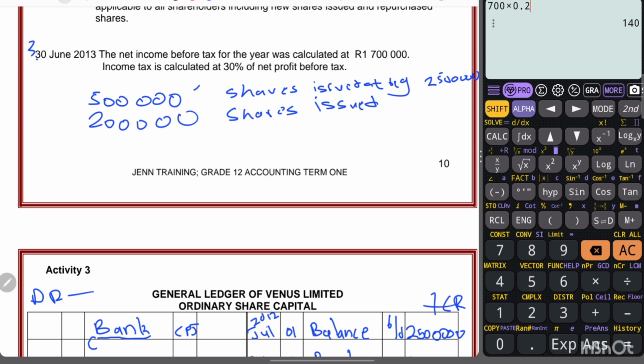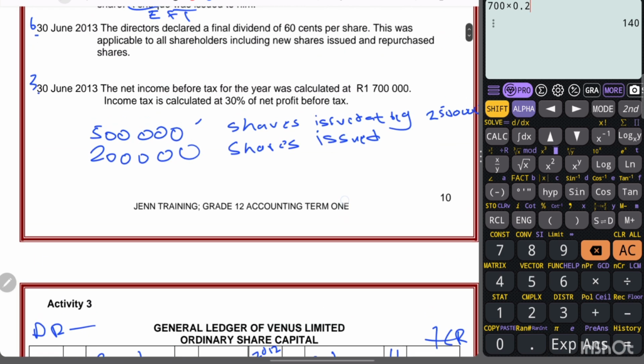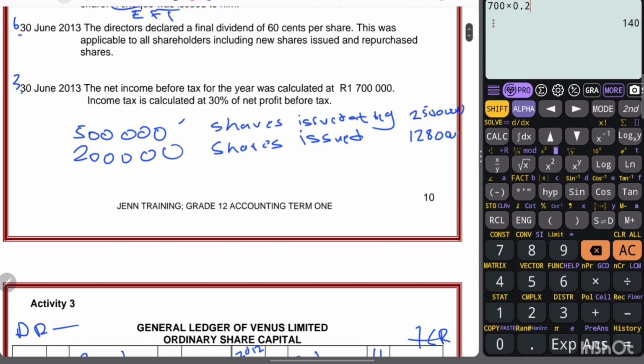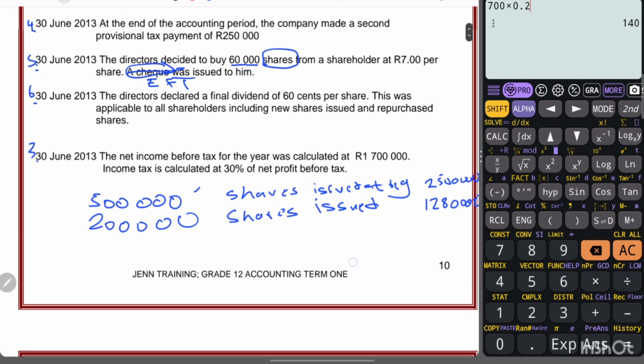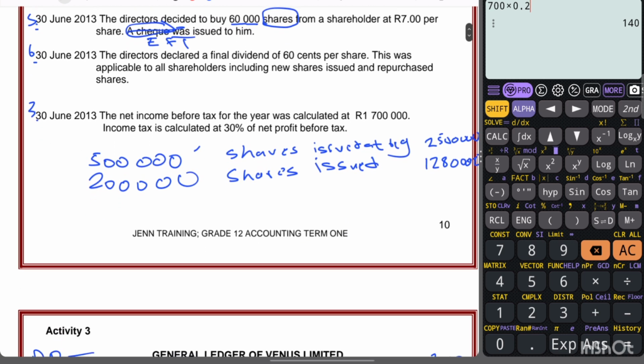Do we have the amount? Yes, we do. We calculated the amount as 1,280,000. All right, now we are having the buying back of shares.